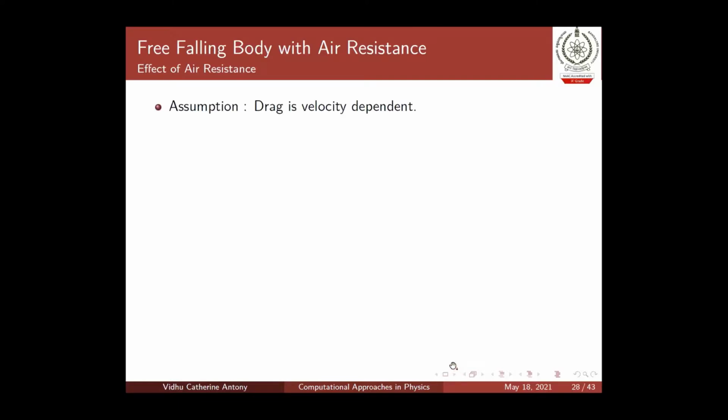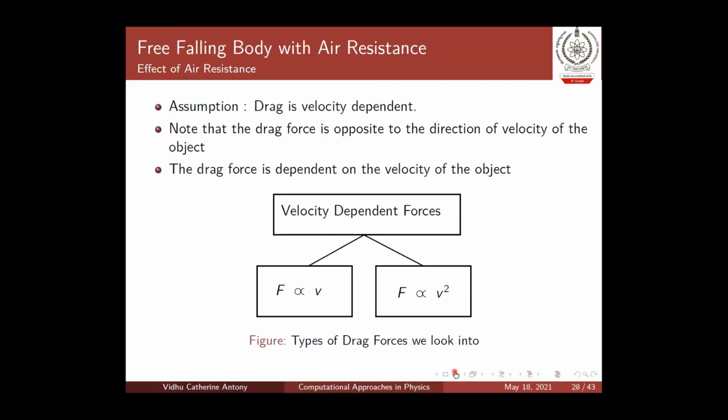So let's look at this. The assumption is that the drag force is velocity dependent. One of the things I told you is to note that the drag force is opposite to the direction of the velocity of the object. And how do we have this velocity dependent? When we're looking at velocity dependent forces, you have a drag force F proportional to the velocity.